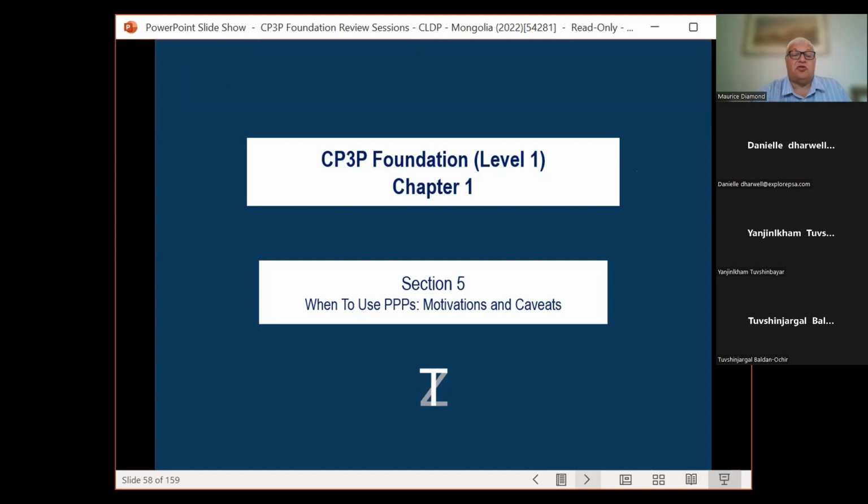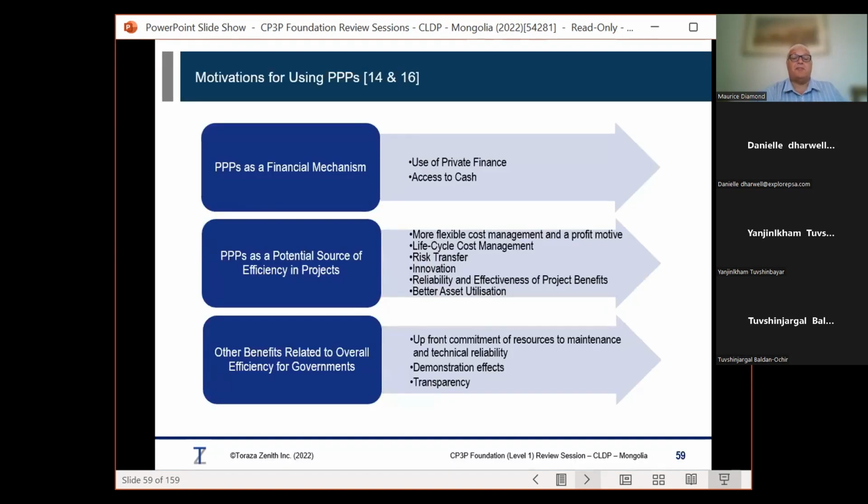So now we're going to talk about when to use PPPs, motivations and caveats. Now there are three major areas for motivations for using PPPs. The first is a financial mechanism. Use of private cash, access to that cash, when we wouldn't normally have access.